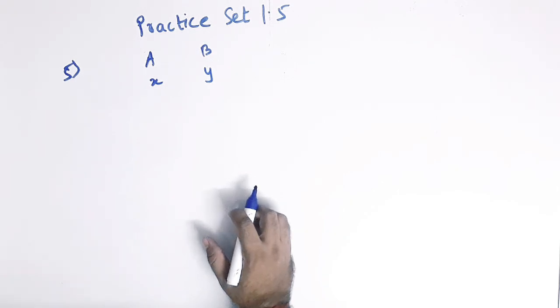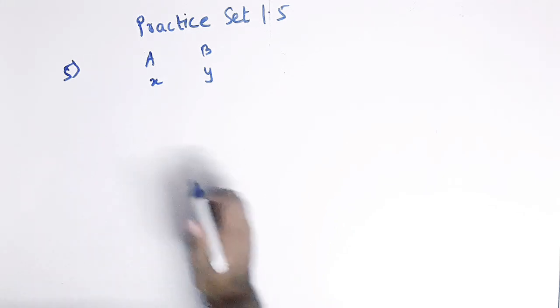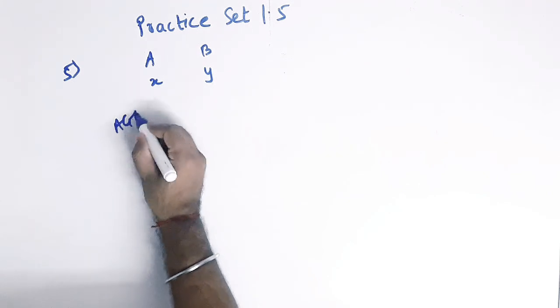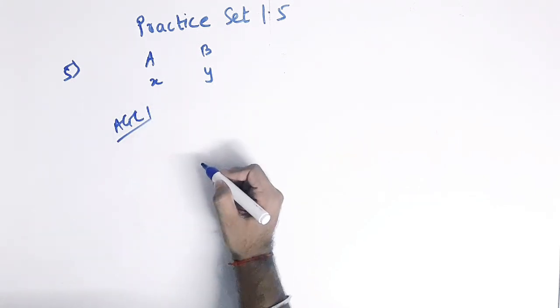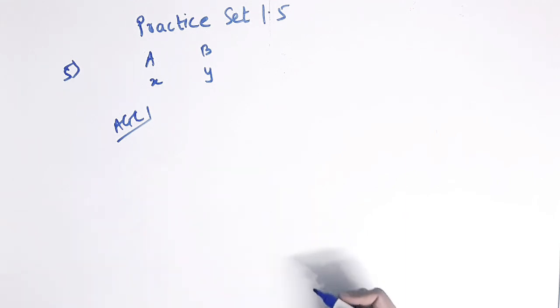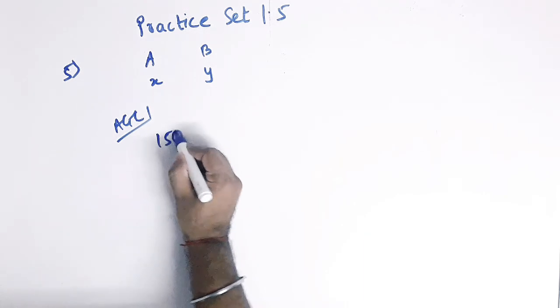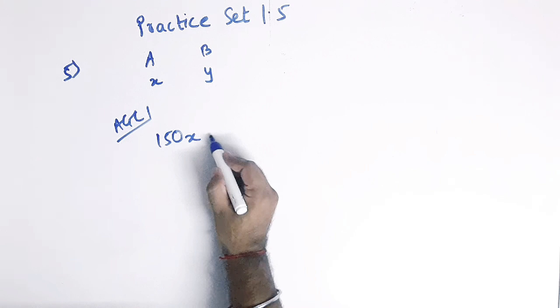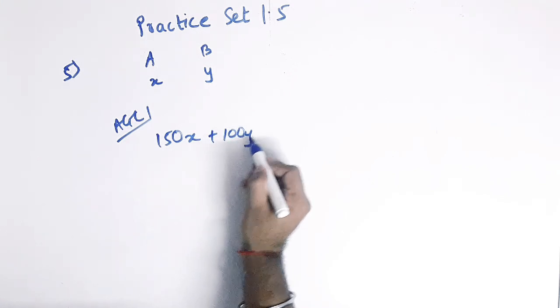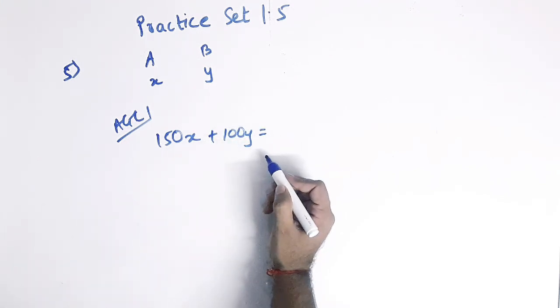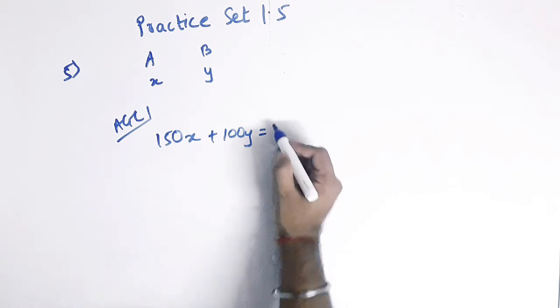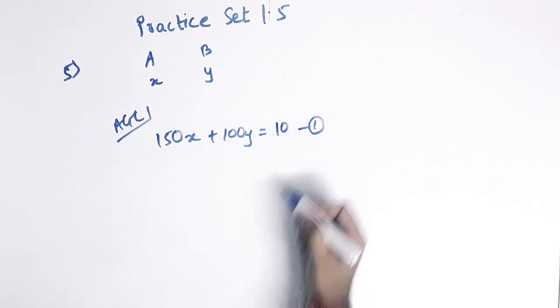Now they have given that 150 boxes of type A and 100 boxes of type B are loaded in a truck, then it weighs 10 tons. So your first equation is 150 boxes of type A and 100 boxes of type B loaded in a truck weigh 10 tons.